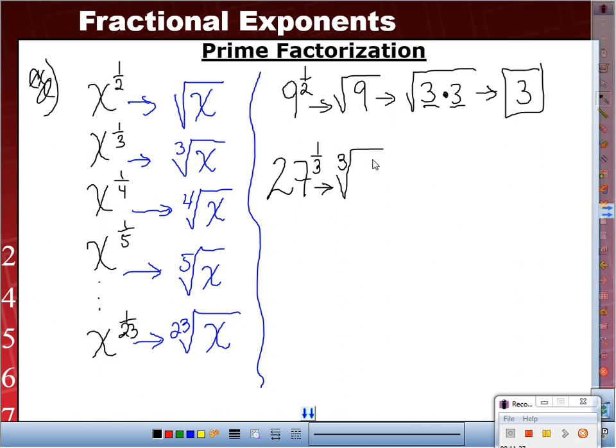Cube root of 27. And what does that mean? It means that it has to multiply times itself how many times? 3. What number times itself 3 times gives us 27? Yes. This is 3 times 3 times 3, so this is 3.